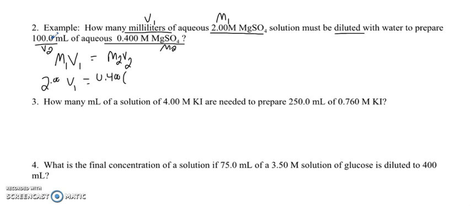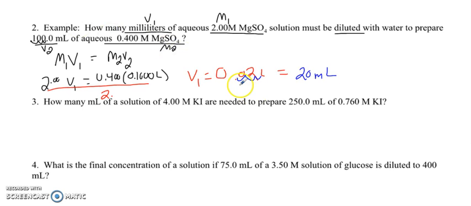Here it would cancel itself out because we're actually solving for milliliters, but let's just practice some good scientific accuracy. So 100 milliliters, that's 0.1 liters, so 0.1000 liters. So I need to isolate and solve for V1, so I'm going to divide each side by 2.